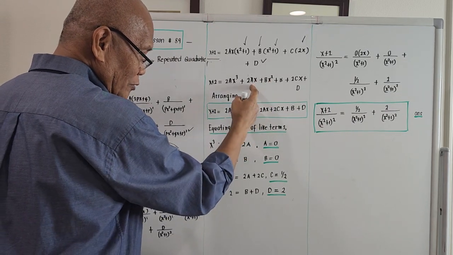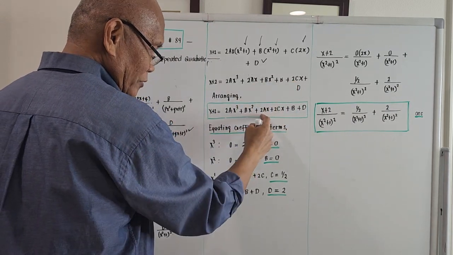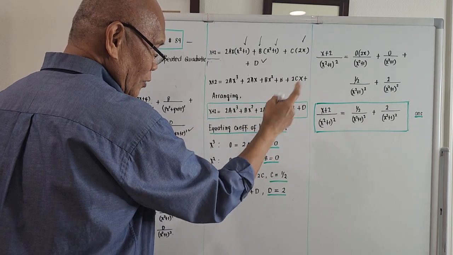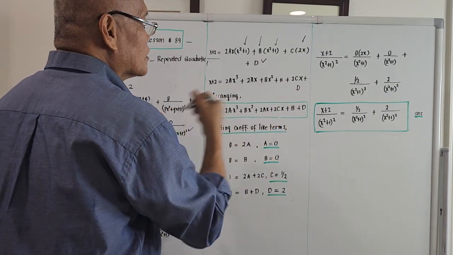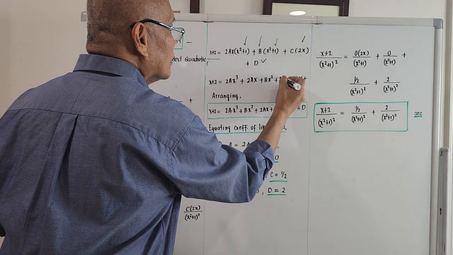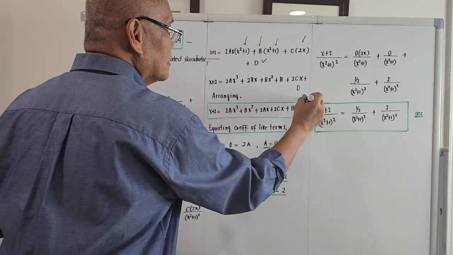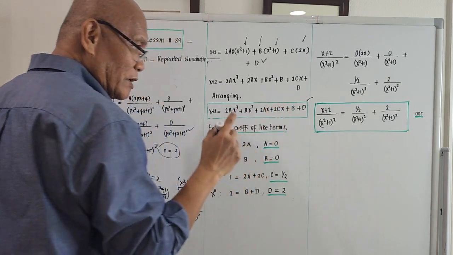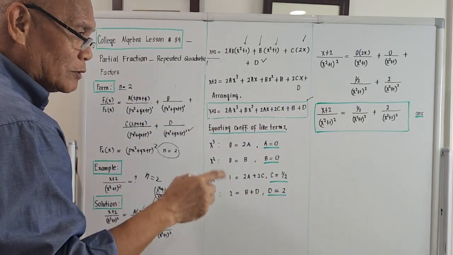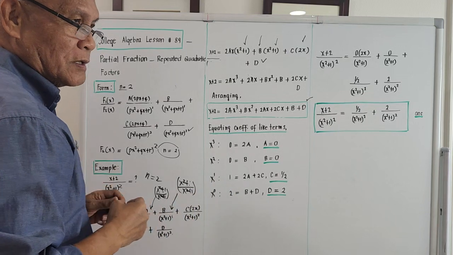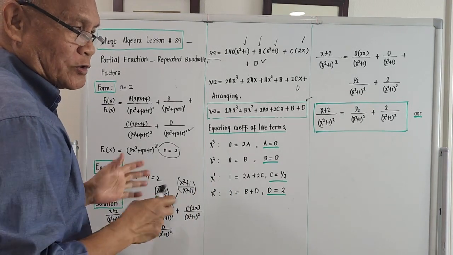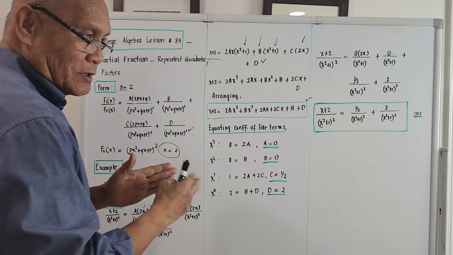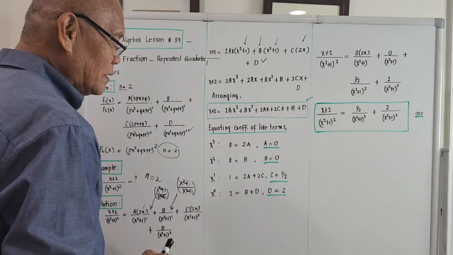Linear, the next one will be 2ax plus 2cx. The pure constant term is plus b, plus b plus d. So this is actually the algebraic equation needed in the computation of the unknown constants a, b, c, d. There are actually unknown constants to get the equivalent partial fraction on the right.